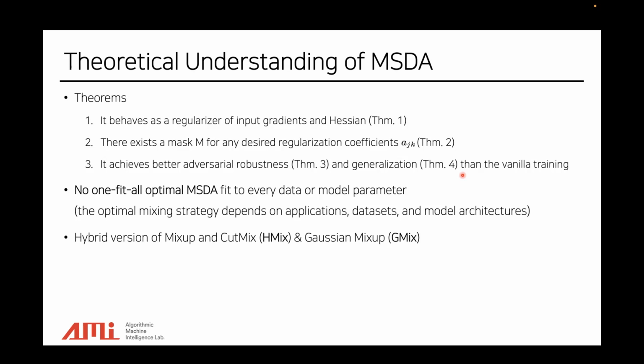These theorems conclude that there is no one-fits-all optimal MSDA. In other words, the optimal mixing strategy depends on applications, data sets, and model architectures. They also propose hybrid versions of Mixup and CutMix: H-mix, and Gaussian Mixup, G-mix.